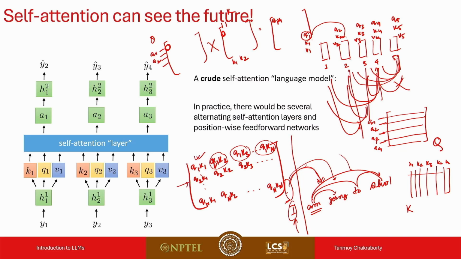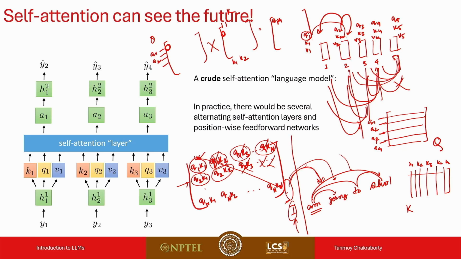Look at this part. This is allowed. Q2K1, yes. Q2 can attend to K1. Q2 can also attend to K2. So this is allowed. But the rest are not allowed. If you think of it carefully, essentially you are dissecting the matrix diagonal wise, and the upper part of the diagonal elements are not allowed, and the lower part of the diagonal is allowed.